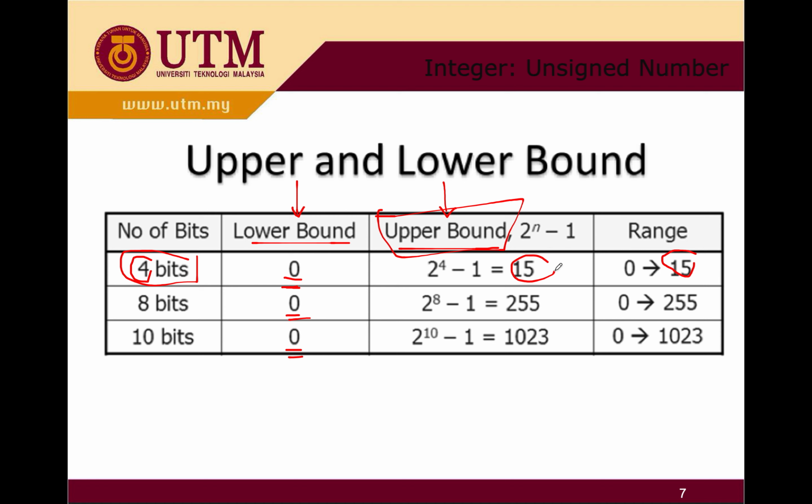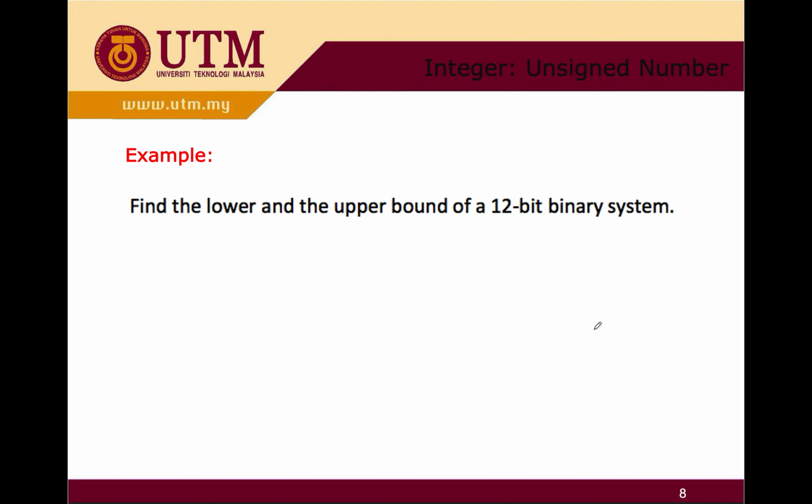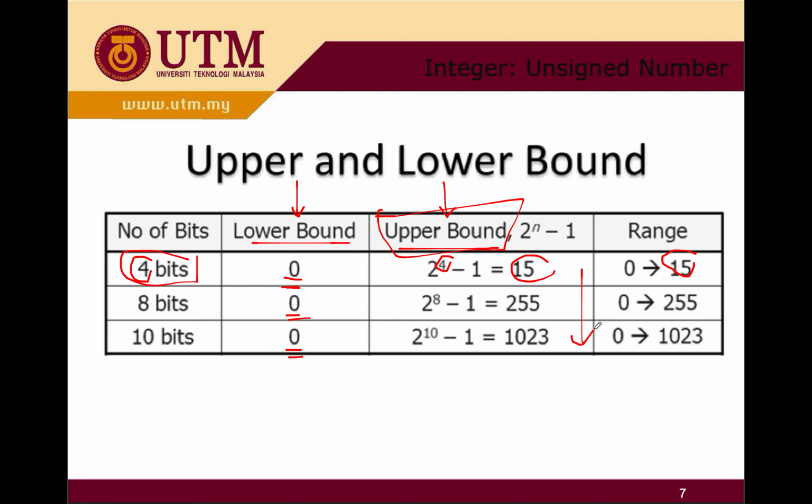Because of 2 to the power of n minus 1, where n is 4 over here. You can try it by yourself also. This is just more theory. The calculation part is just when you apply it into the formula or equation.